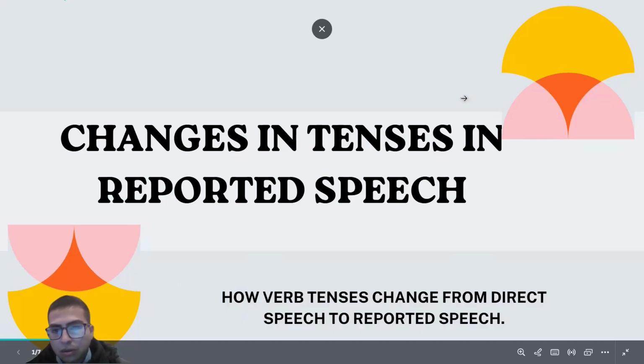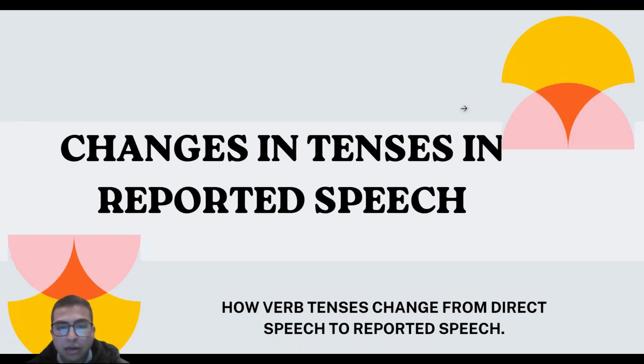Good evening, everyone. My name is Alejandro Armijos, and I'm going to explain the change in tense in reported speech. Reported speech is used to report what another person said. In this part, we will learn how verb tenses change from direct speech to reported speech.